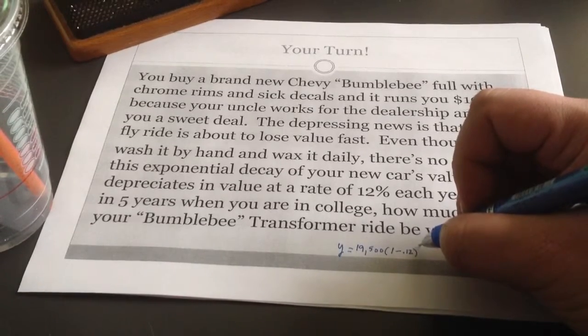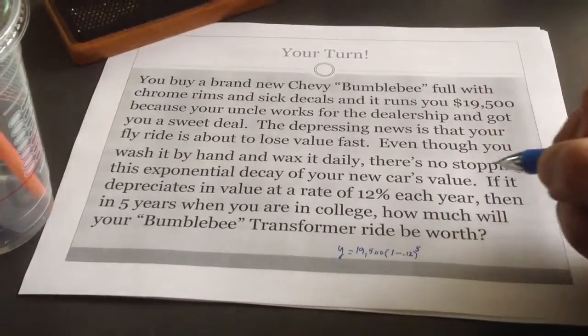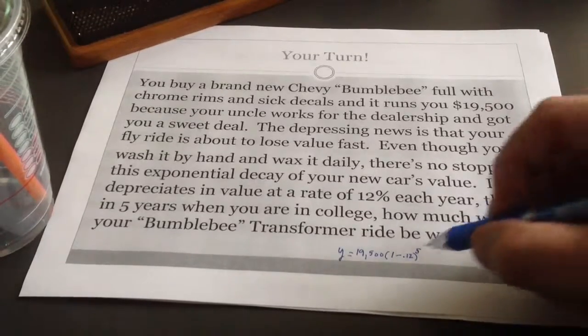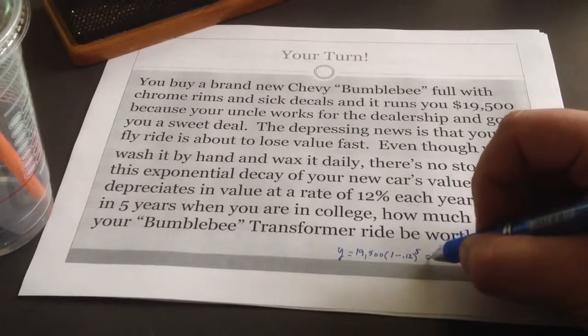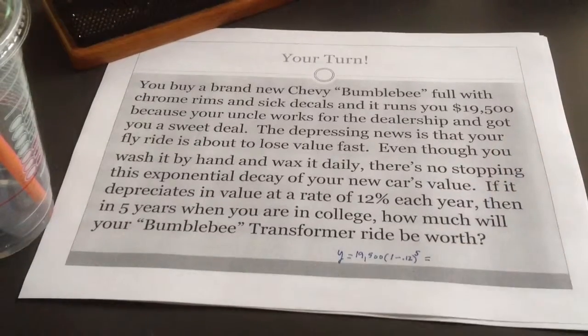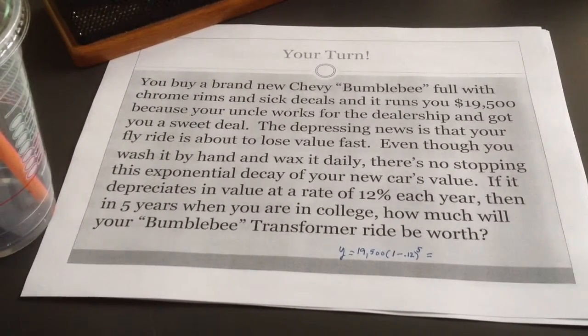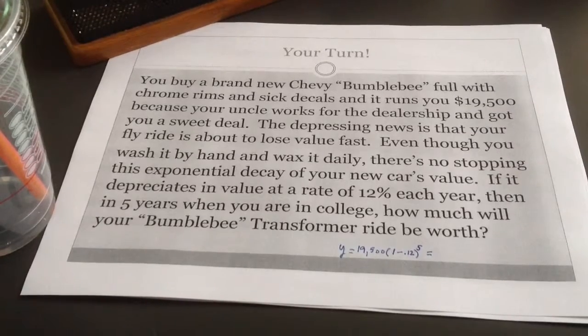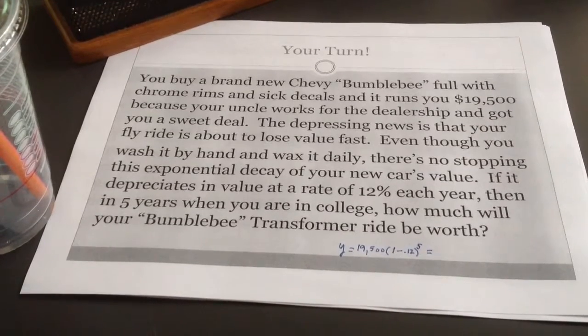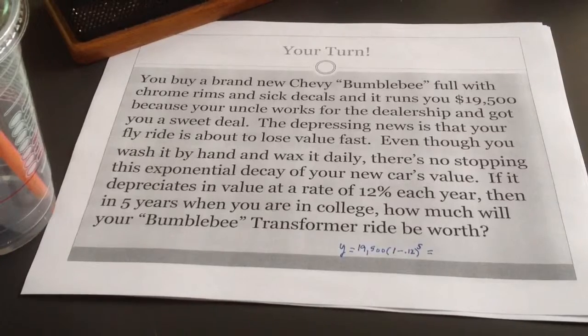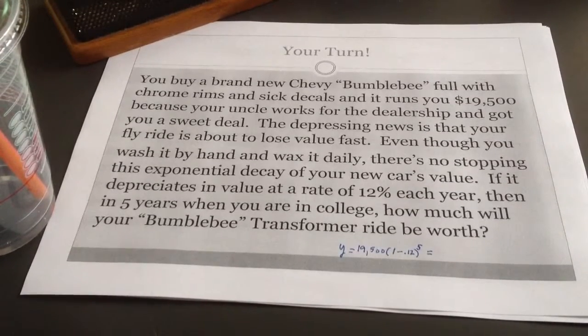And I'm going to go ahead and just plug the years in now because it didn't ask me for a model. It just wanted to know the money as the answer. And if you calculate that out, you'll find out how much it was worth after 5 years when you're in college. What could you sell it for at that point if you wanted to try to get your money back, or if you're just curious what it's worth?